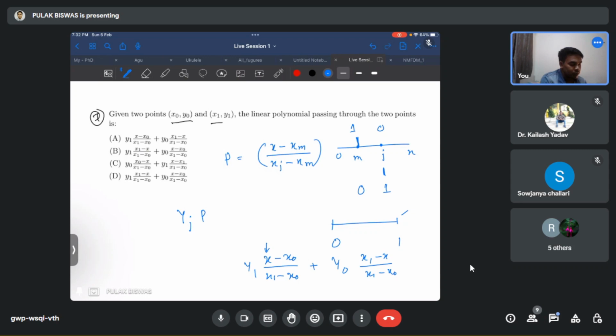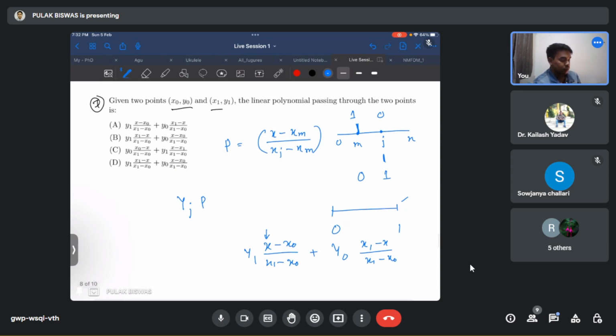And for this value, x equal to x1, again it is 0, and we are getting what? x1. Yeah, then it is becoming 1, and this is becoming 0. So yeah, option A is correct.